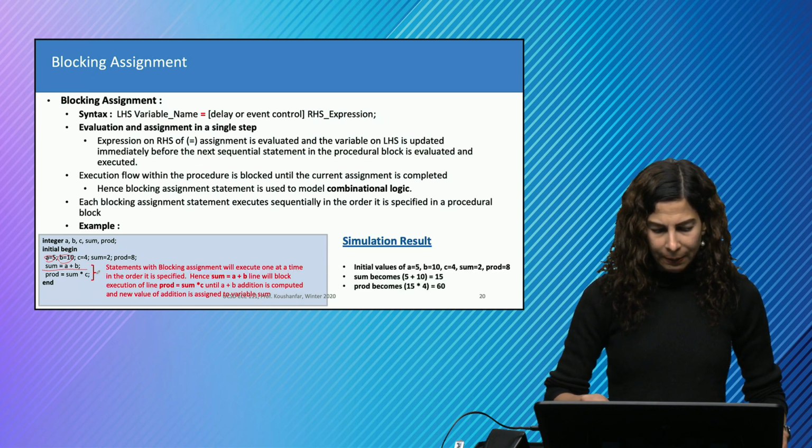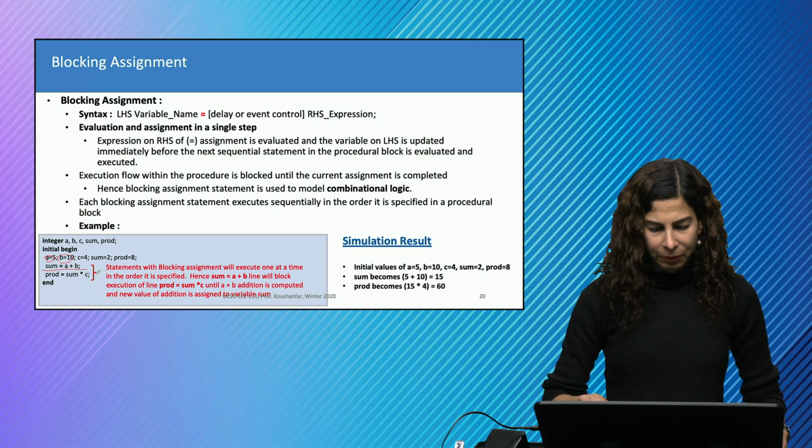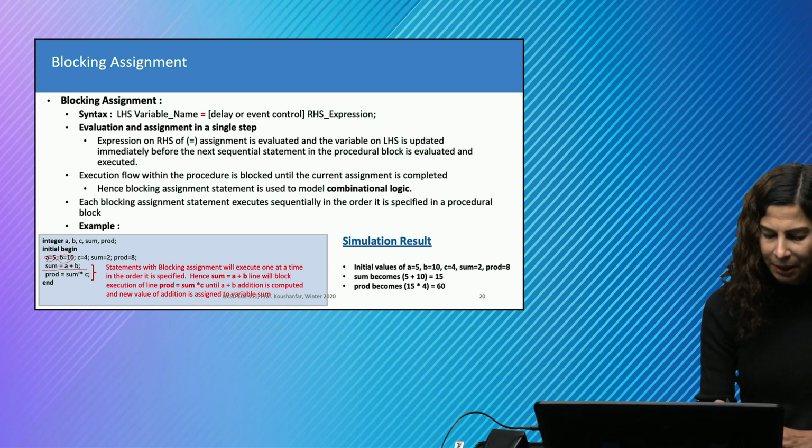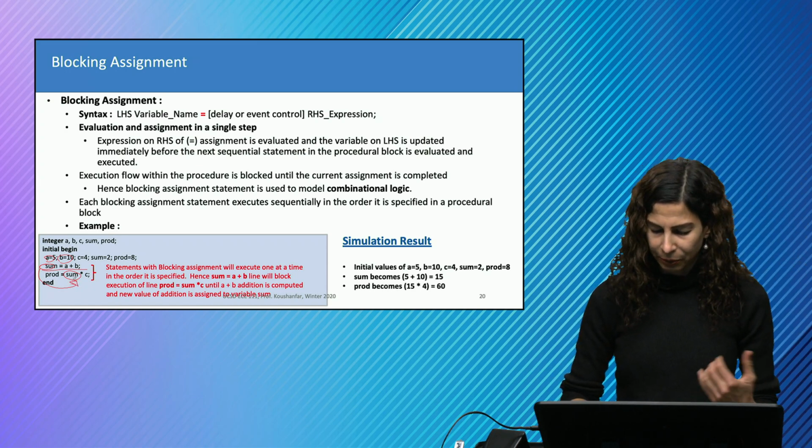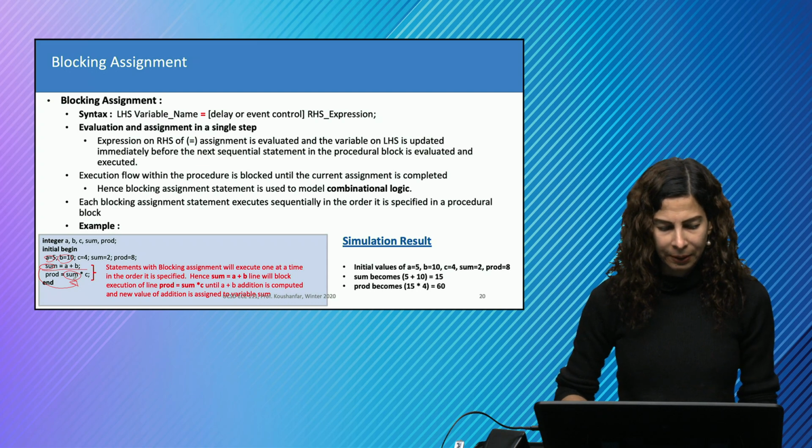So the computation uses the updated value of the sum, and the next one uses that updated value. There is a precedence in the values in how things are happening.